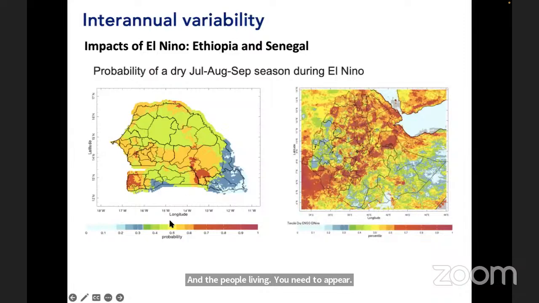Senegal, it's about 40-50%, some areas 70-80%. But there are also parts of Senegal which don't care about El Nino. This is available online, what we call MapRoom. We'll talk about that maybe tomorrow.